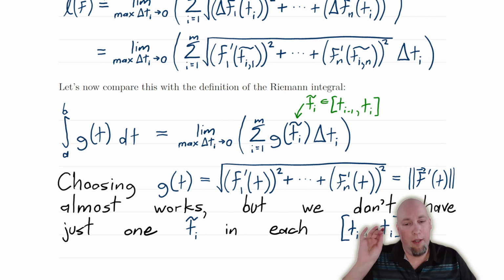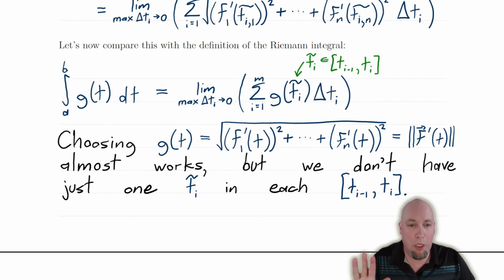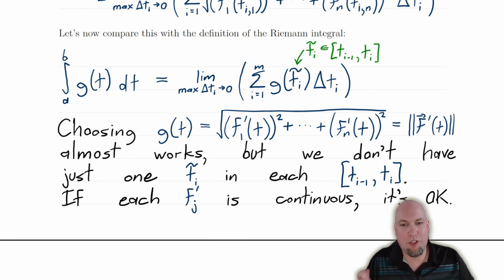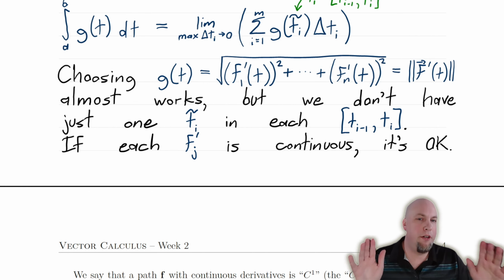can figure that out. We're admittedly going to gloss over this point for the most part, but the idea is that if I make the extra restriction that each of the derivative functions, each fj prime, is continuous, then there's actually no problem here.